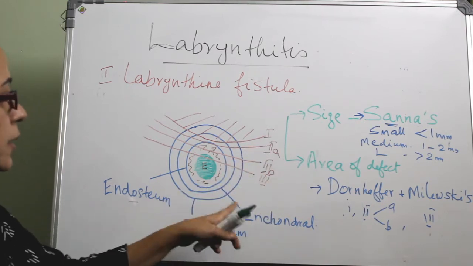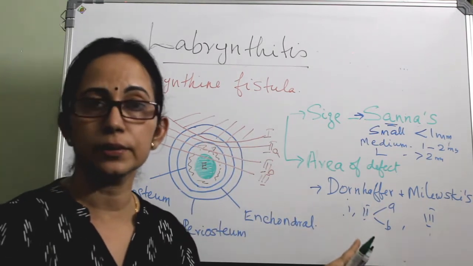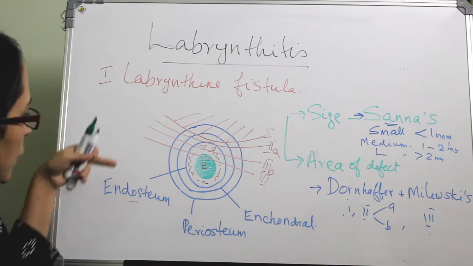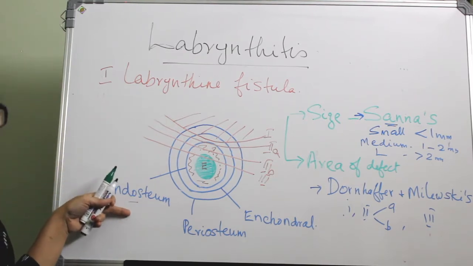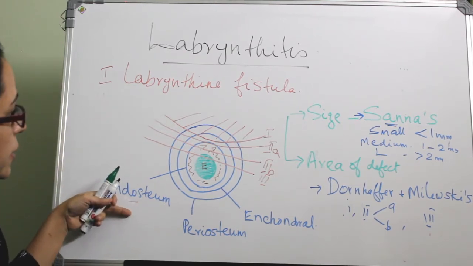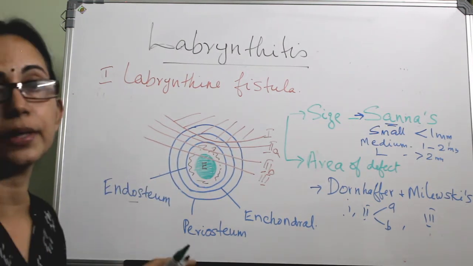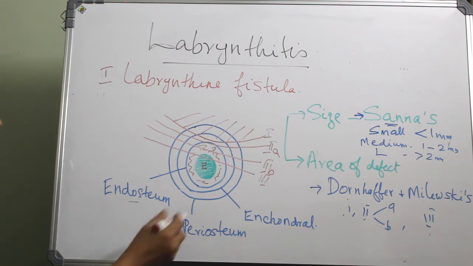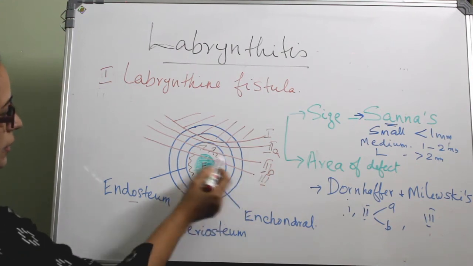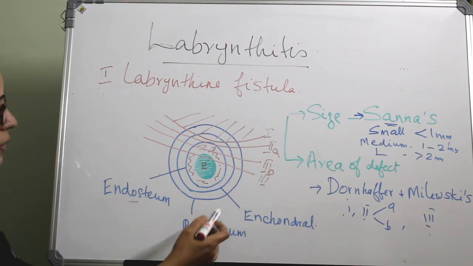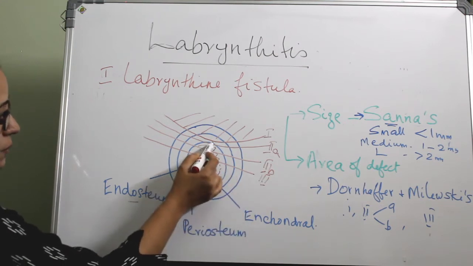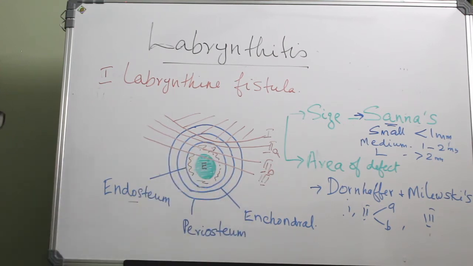So these are the 4 types. Type 1 is only up to the endosteum; the endosteum is not involved. In type 2A, endosteum is involved, but the perilymphatic space is not affected. In type 2B, the perilymphatic space is also affected, and in type 3, the endosteum as well as the membranous labyrinth is affected.